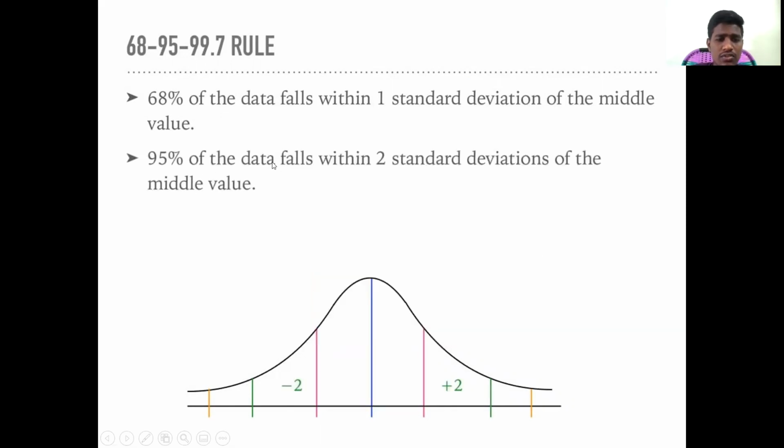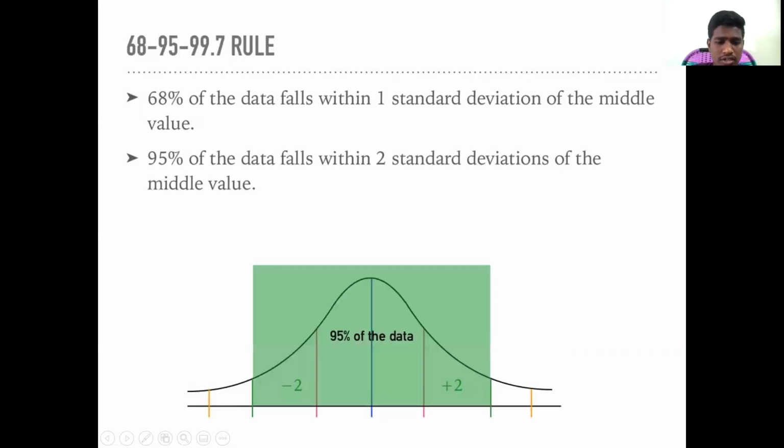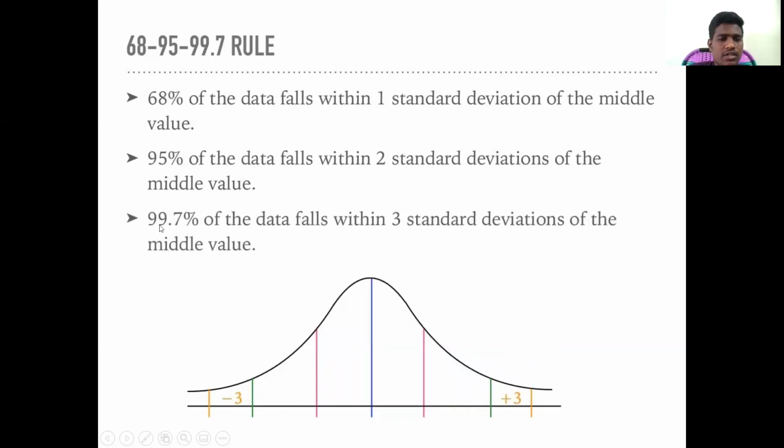95% of the data falls within 2 standard deviations. Here 2 standard deviations means from -2 to +2, and the total area covered is 95%. 99.7% of the data falls within 3 standard deviations of the middle value.